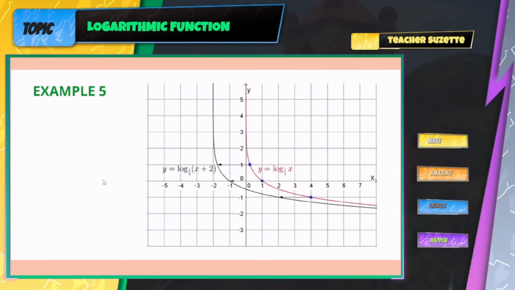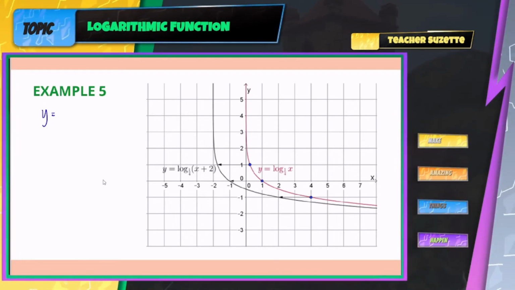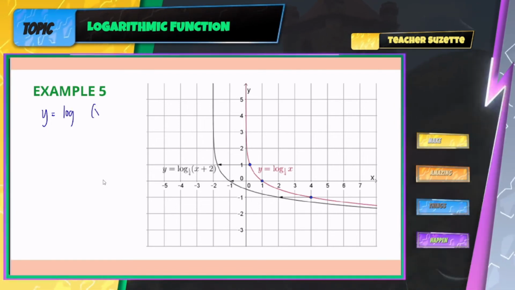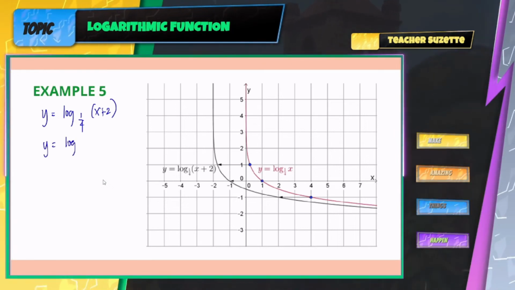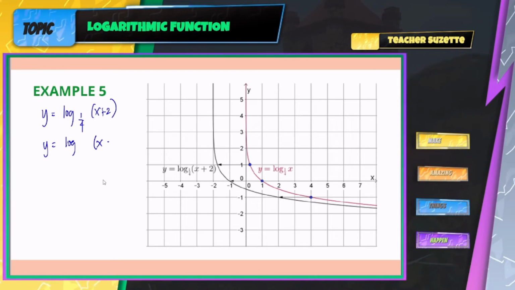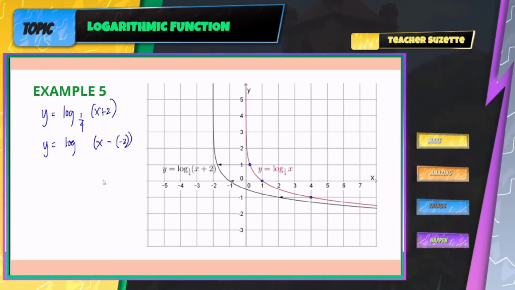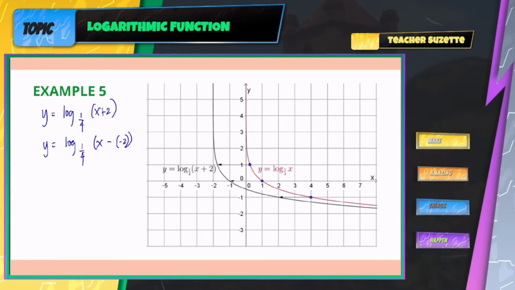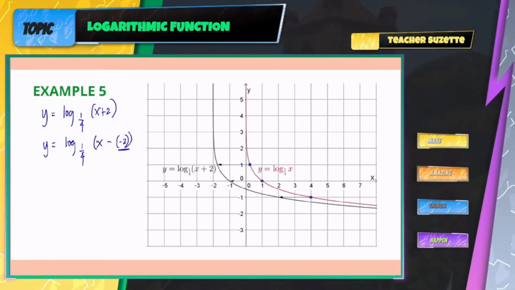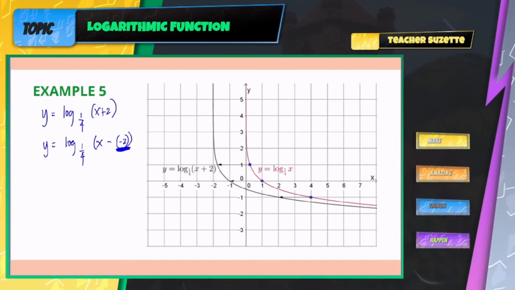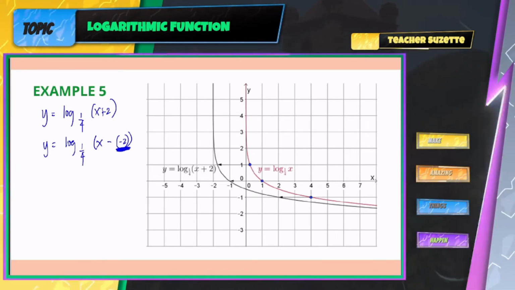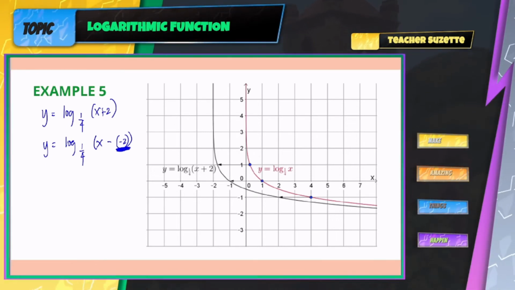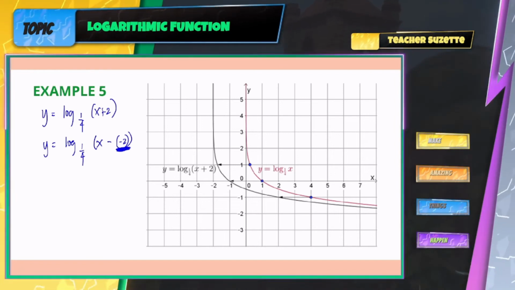So, again, if we have our original equation, which is y is equal to the logarithm of x plus 2 base 1/4, if we are going to rewrite this one into logarithm of x minus negative 2 base 1/4, you can conclude that itong ating negative 2 dito implies that our graph will have a horizontal shift 2 units to the left from our basic function.